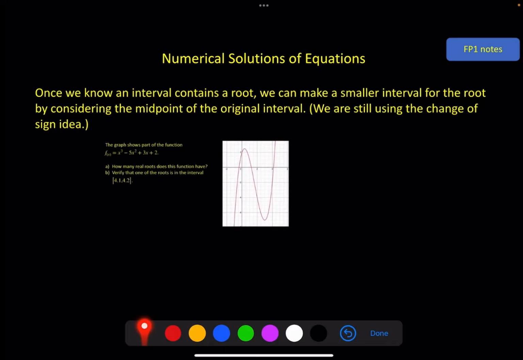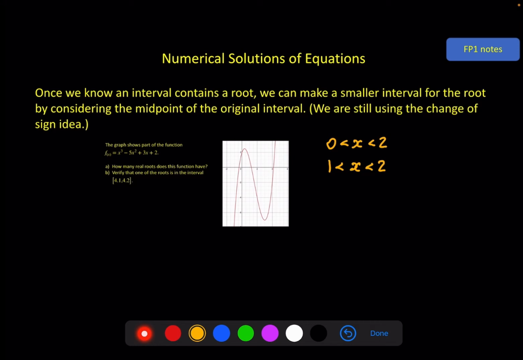And here we're saying, basically, if I know from 0 to 2 there's a root in there because there's a change of sign, then I choose the midpoint, 1, and see what happens. And in this case 1 will give you a positive answer. So from 1 to 2 there's still a change of sign. So instead of from 0 to 2, I have improved the accuracy. I can now say from 1 to 2 the root is in this interval.